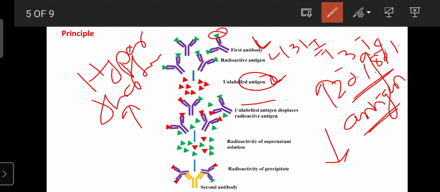If it is replaced from the administered antibody, it can precipitate. Precipitate means neutralized, simply. The neutralization depends upon the amount of T3 or T4. First you test for T3, later by another method you can test for T4. How much T3 is present, that much antigen is replaced.